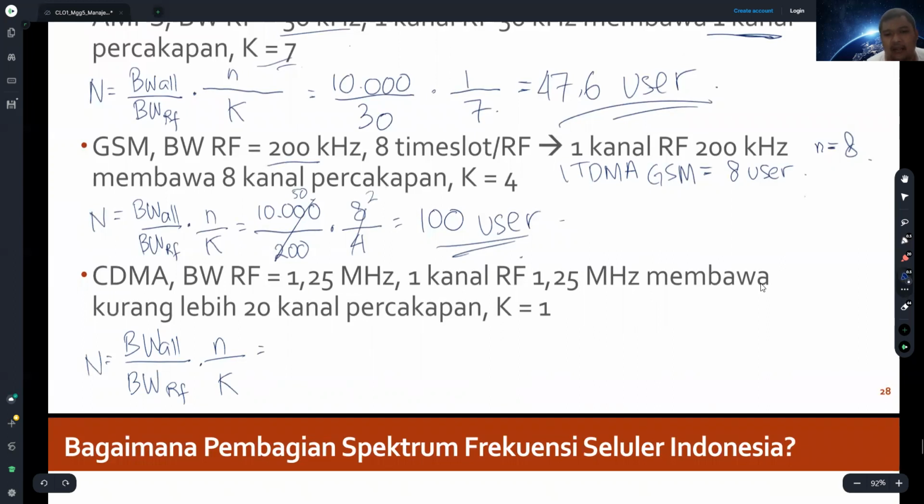The bandwidth allocated is still the same, 10. Since it's using megahertz, just put 10 over here, divided by 1.25.